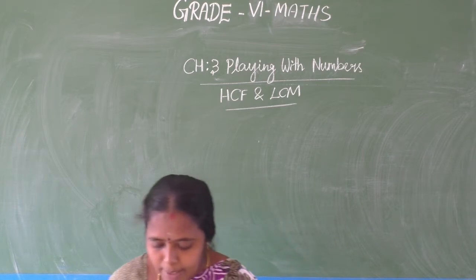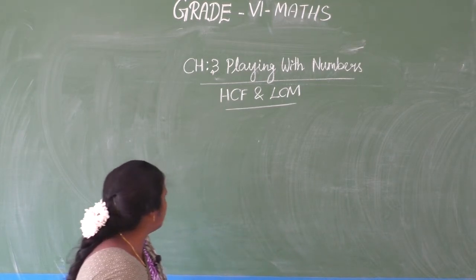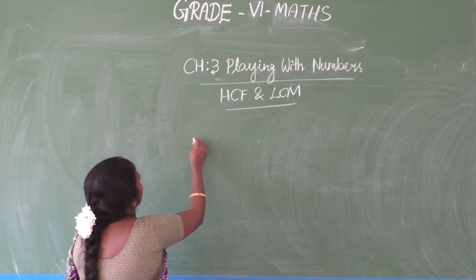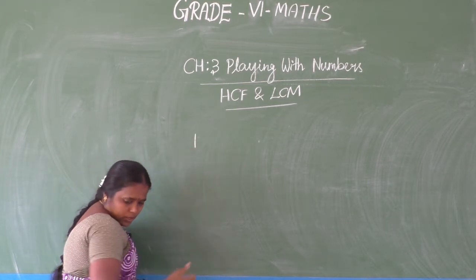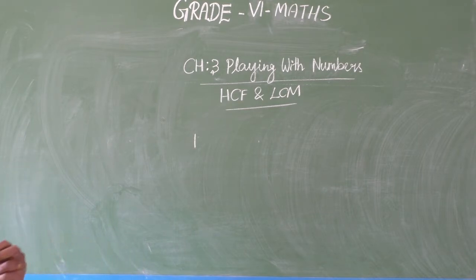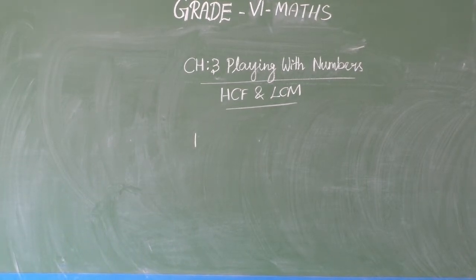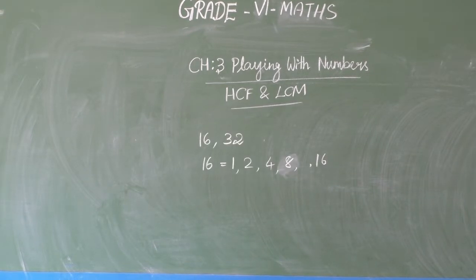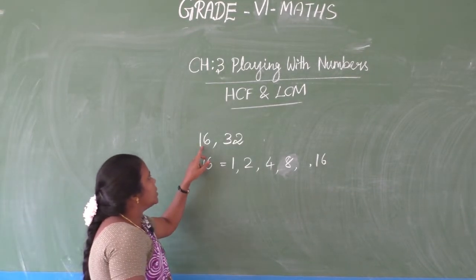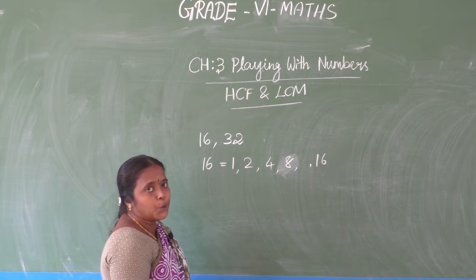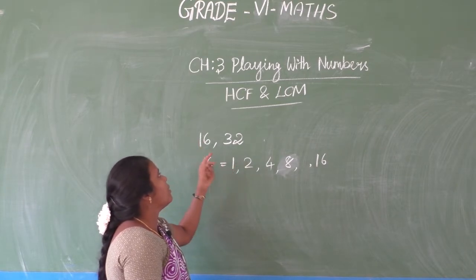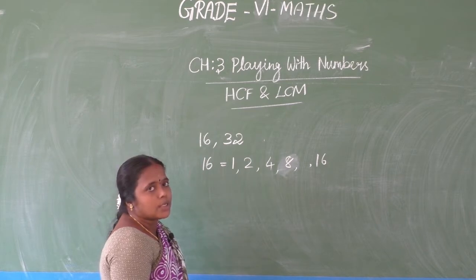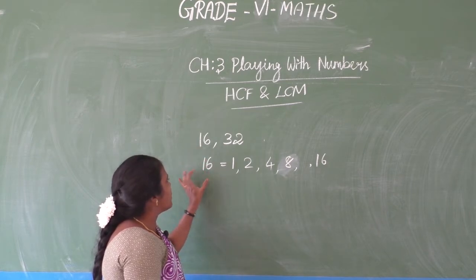For example, if you take two numbers 16 and 32, how will we find the highest common factor for both numbers? That we will see. First I have taken 16.